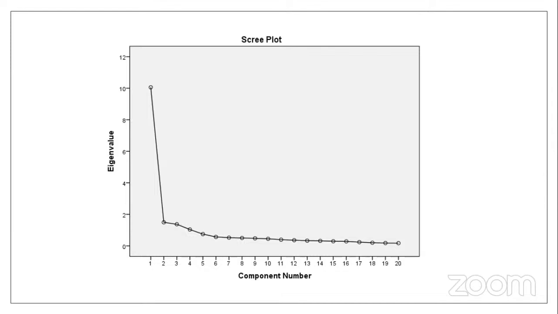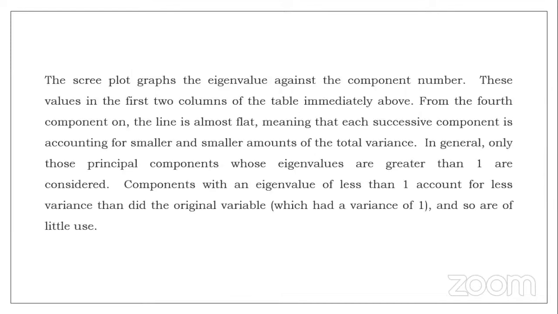So that's why those are not extracted. Clear, everyone? So the scree plot is a visual depiction of how you can rely on these eigenvalues in order to extract the specific number of components which you would like to extract here.